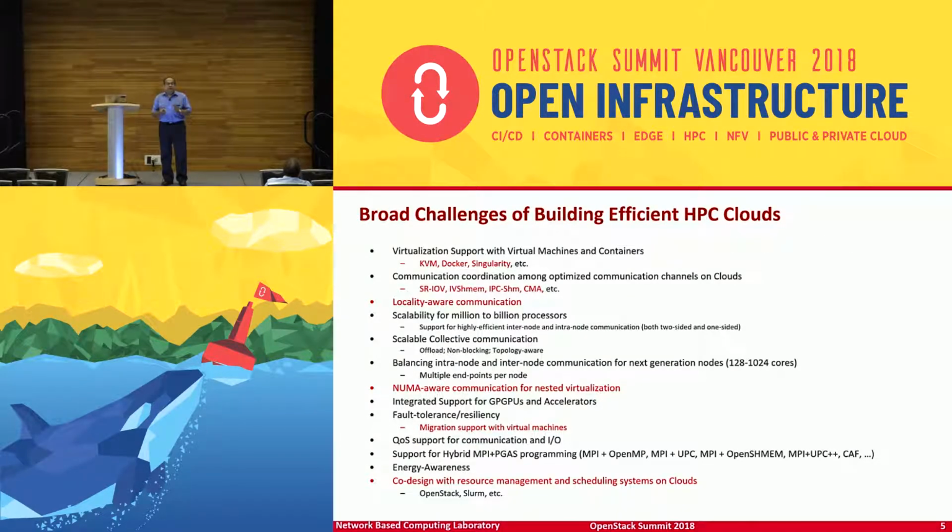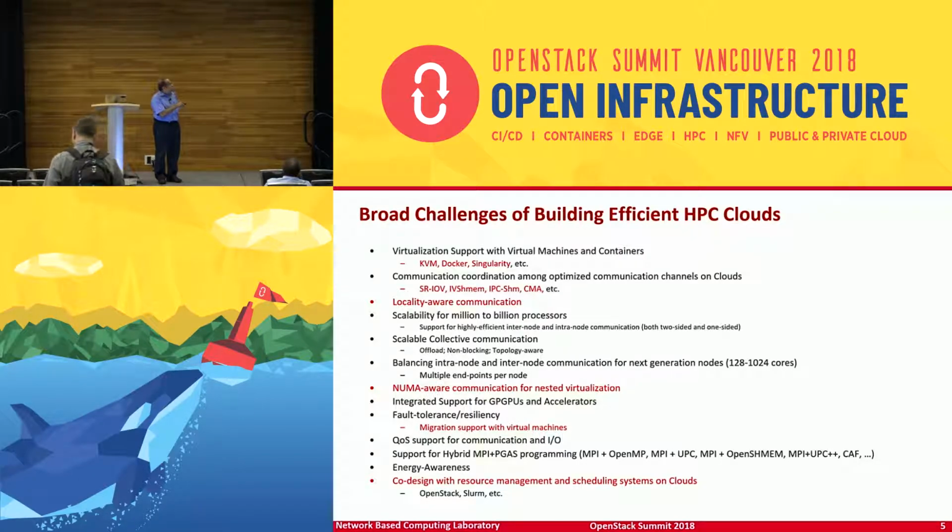If you take a look at the very broad objective, how do I design very large scale clusters with virtualization and also get good performance, you will come up with a list. These are like the wish list. First of all, we need virtualization support, and the red lines are what I will focus on in this talk, what we have been doing.